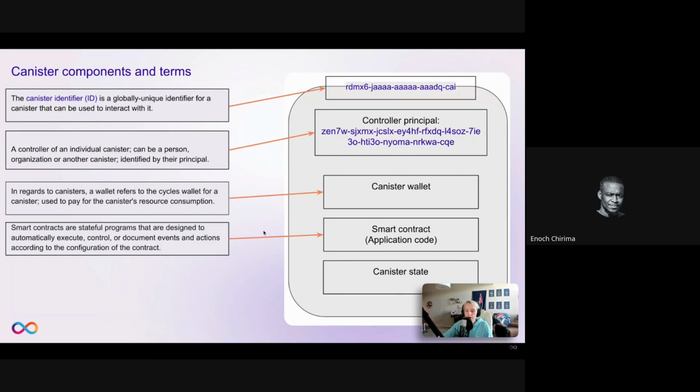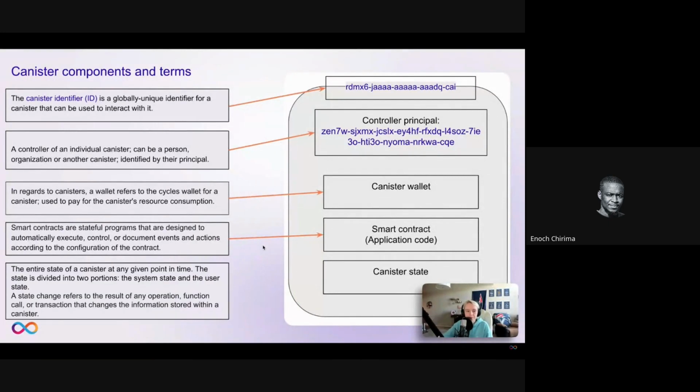Next, we have the smart contract. The smart contract, in terms of the Internet Computer, is going to be the canister's application code. They are going to be stateful programs designed to automatically execute, control, or document events and actions according to the configuration of the contract. So the smart contract in this context is going to be what powers your application.